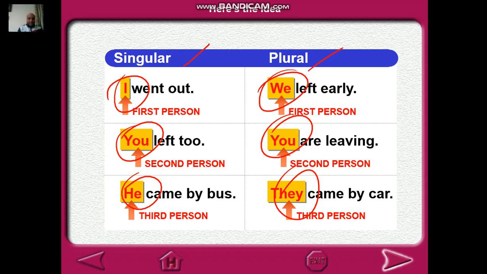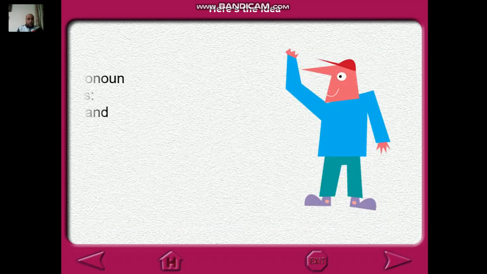You is the same in both, but during the exam, I'm going to ask you: is it the second person singular following its antecedent, or the second person plural following its antecedent? Okay. So you have to have this in mind. Okay. He is going to be the third person singular when we are talking about the person, and they is going to be the third person plural.